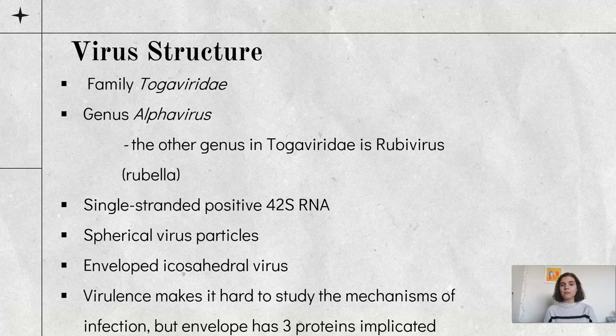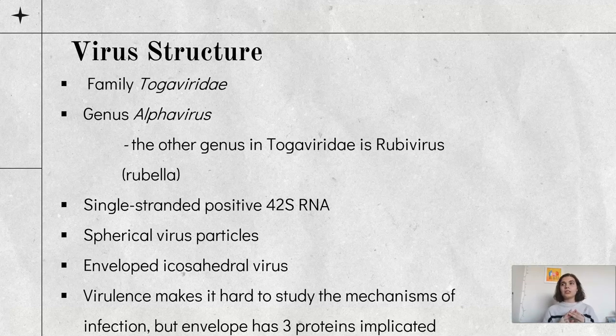Unfortunately, its virulence makes it hard to study the mechanisms of infection, but the envelope has 3 proteins that are implicated in infection, and these proteins are called E1, E2, and E3. So the envelope consists of a lipid bilayer that is derived from the host cell membrane and from these 3 proteins. The proteins E1 and E2 are known viral glycoproteins.